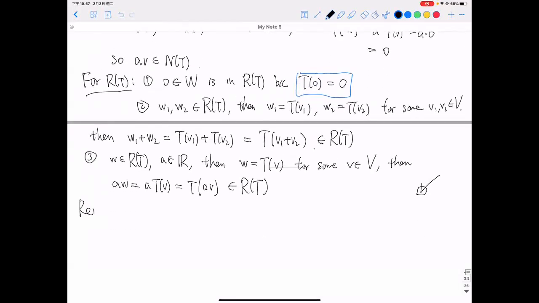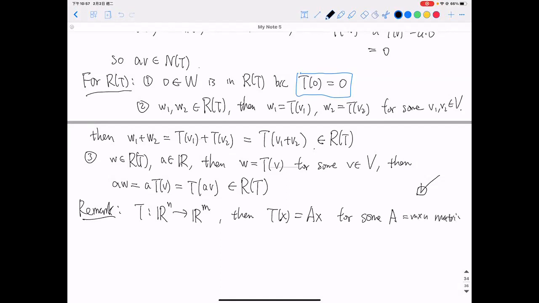Now, a remark. As we've seen above, if we have a linear transformation like this, from Rn to Rm, then we can find T of x equal to the matrix A times x for some matrix A, some m by n matrix, as we constructed before.